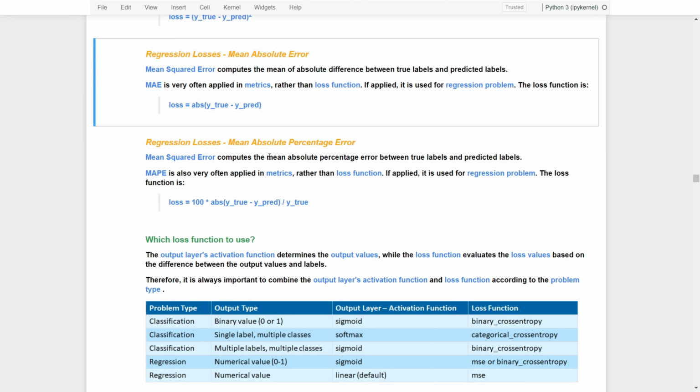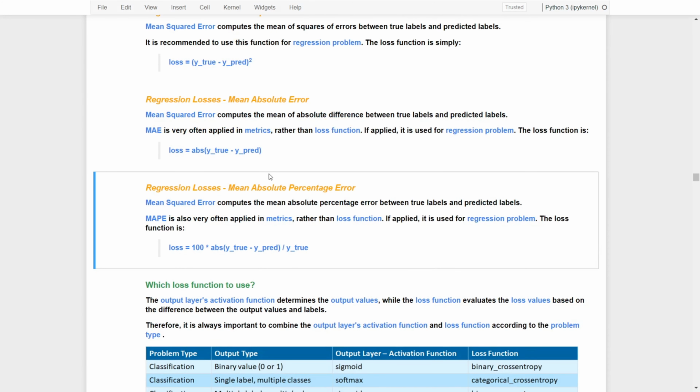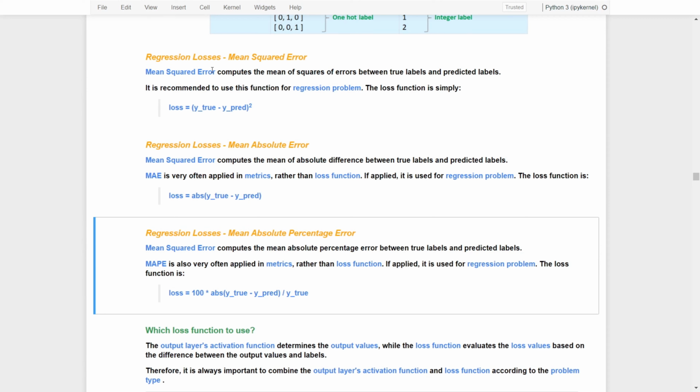MAPE computes the mean absolute percentage error between the true labels and the predicted labels. MAPE is also very often used as a metric rather than a loss function. And again, if applied, it's mainly used for regression problems. Therefore, mean squared error is always the preferable option in many cases.